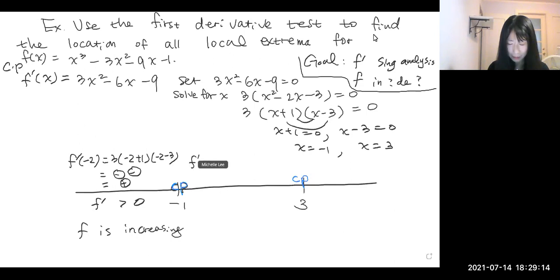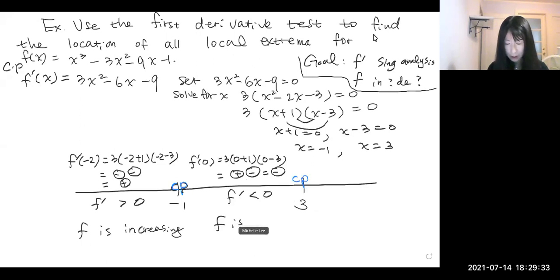So f prime of 0 is 3 times (0 plus 1) times (0 minus 3). Then positive, negative, which is negative. Negative means f prime is less than 0. That is, f is decreasing.